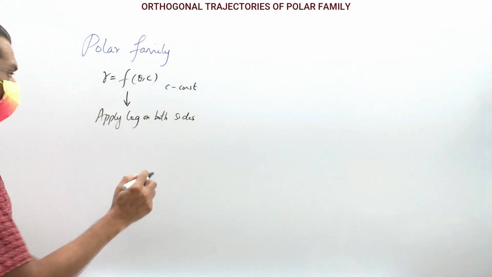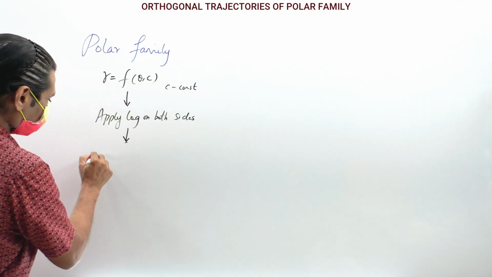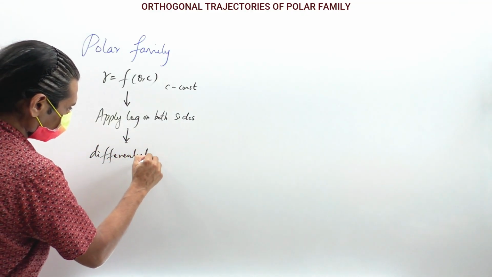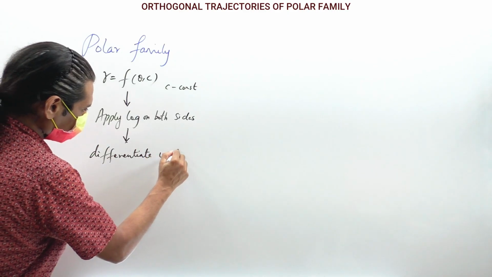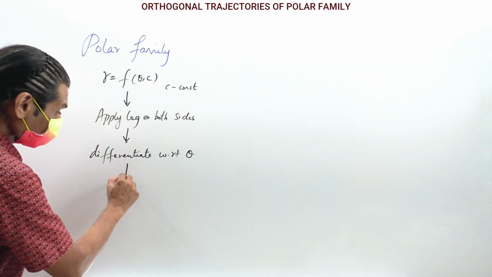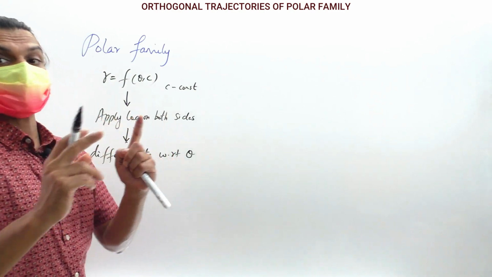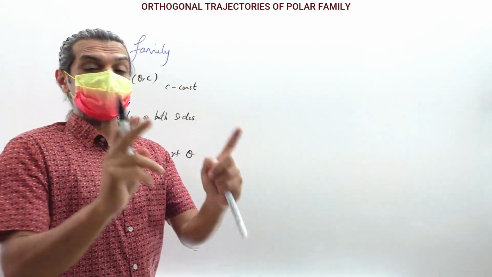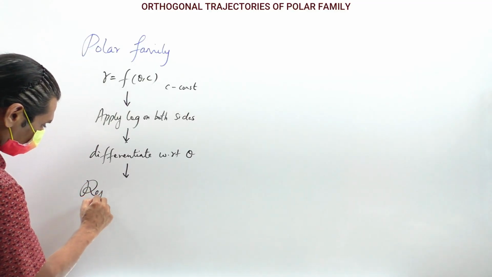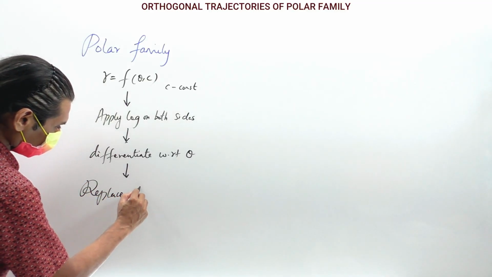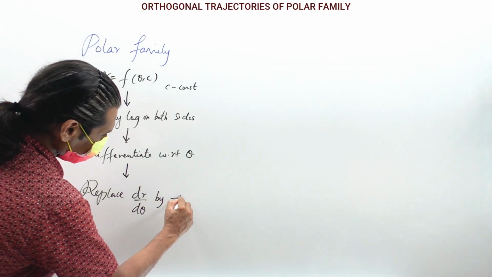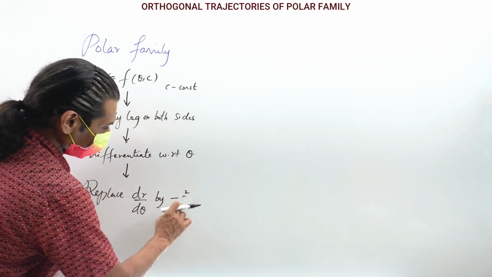After applying log on both sides, we differentiate with respect to theta. Next, the main step to find the orthogonal trajectory of a polar curve is to replace dr/dθ by −r² dθ/dr.